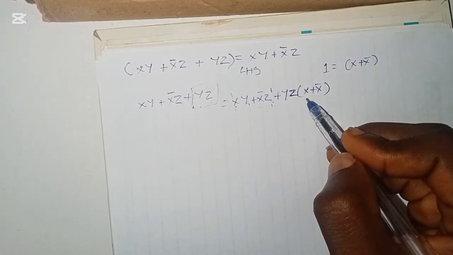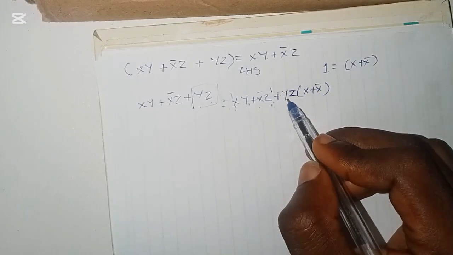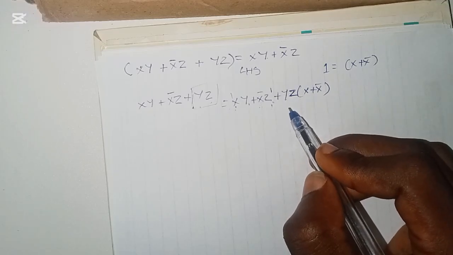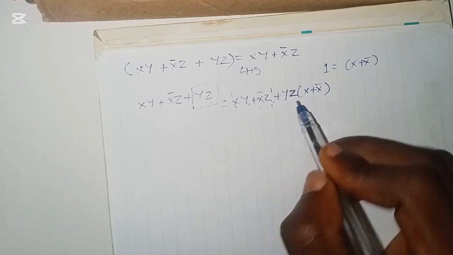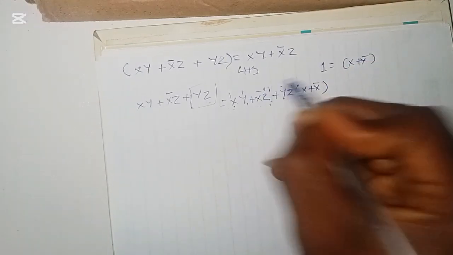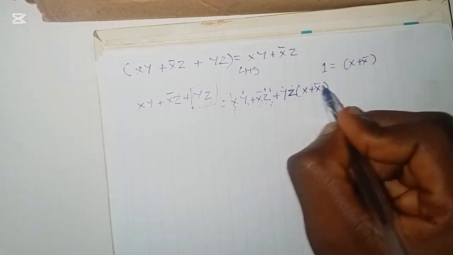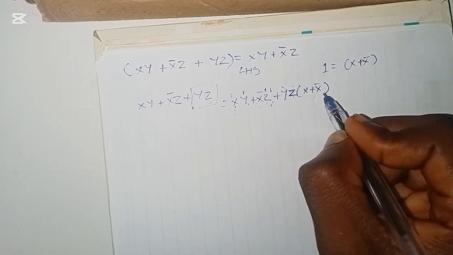We need this one to multiply so we can factorize xy out and x bar z out. So we choose yz, which is y and z. That's why we're putting the x plus x bar there.